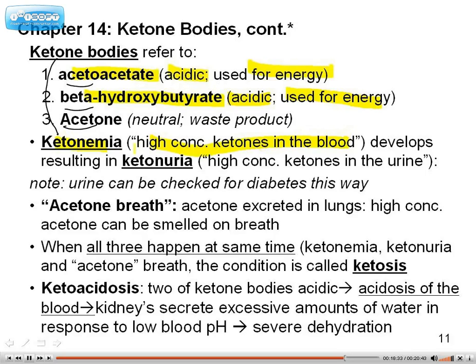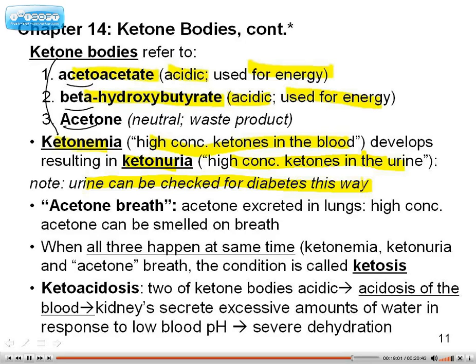And ketonuria, where there's a high concentration of ketones in the urine. Consequently, your blood and urine can become acidic. It's not going to make it like hydrochloric acid, but it's just one way that doctors can check for diabetes, since this is a side phenomenon.